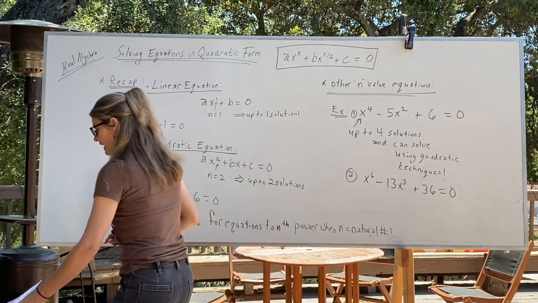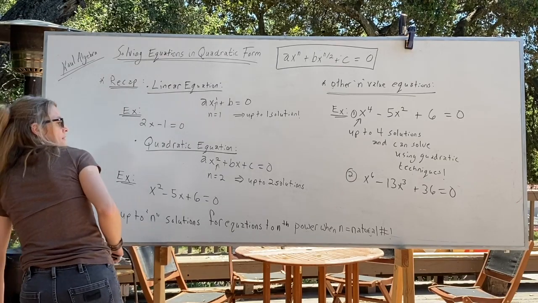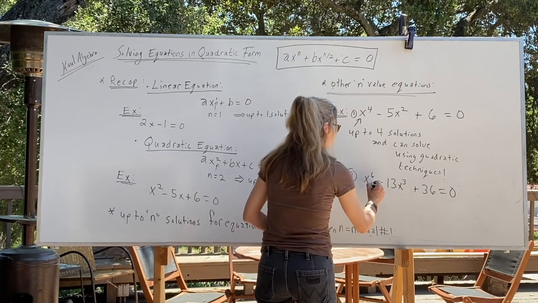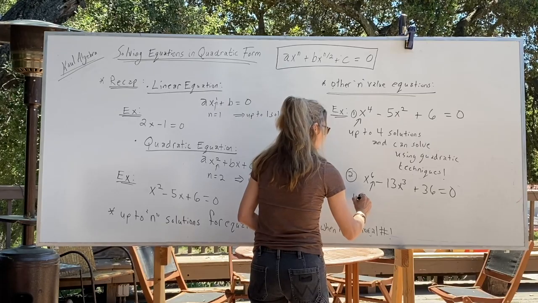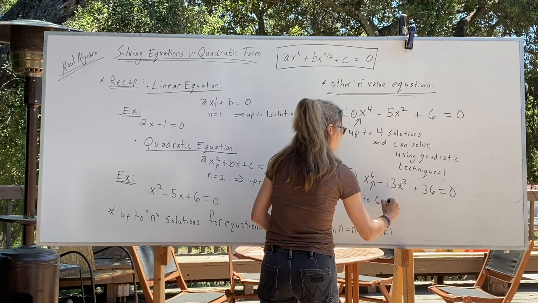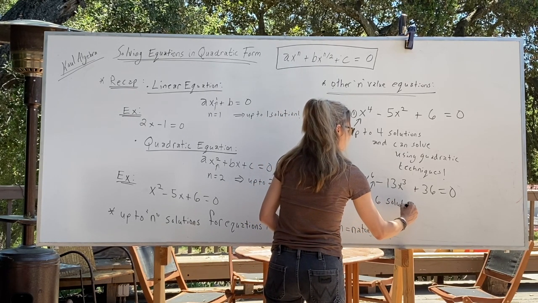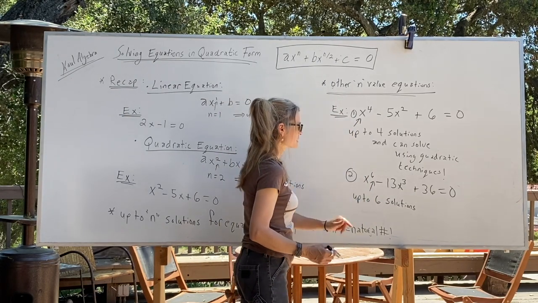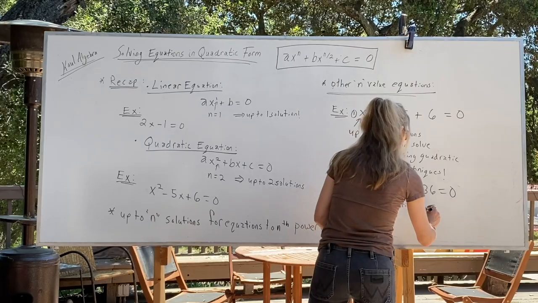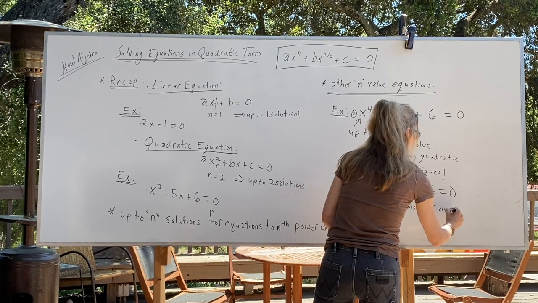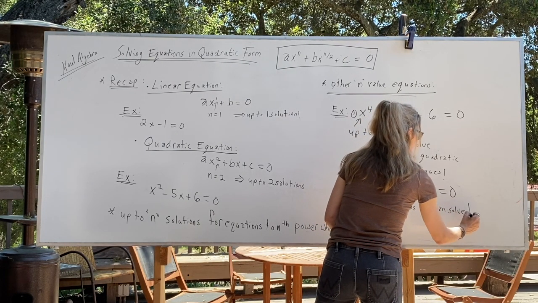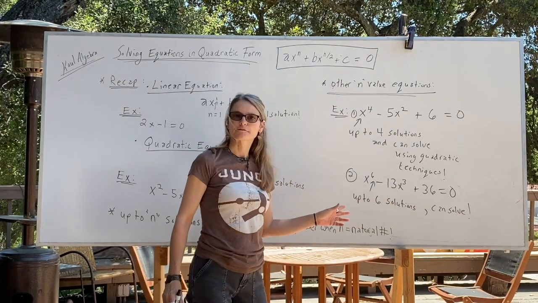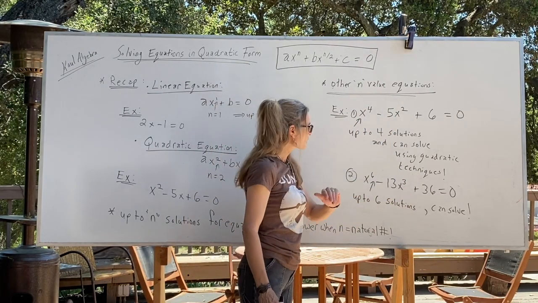So in this case, what you have is you have up to 6 solutions. So here you have up to 4 solutions, up to 6 solutions, and again you can solve as well. You could solve it by factoring because it's like a quadratic equation.